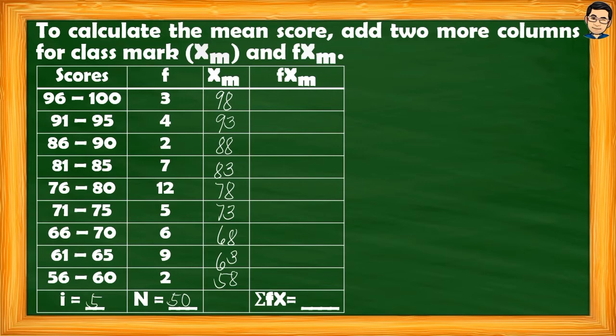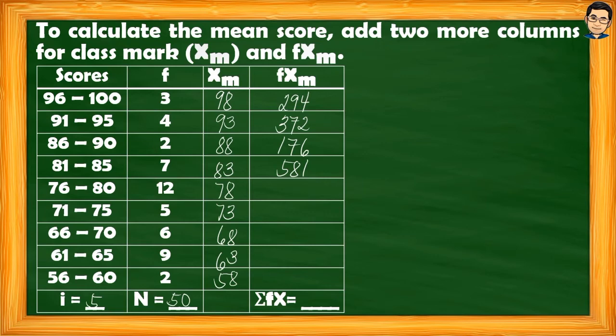Next, yung fourth column natin, so i-multiply lang po natin yung frequency tsaka yung nakuha nating mga class mark. So, 3 times 98, that is 294. 4 times 93, we have 372. 2 by 88, we have 176. 7 by 83, we have 581.